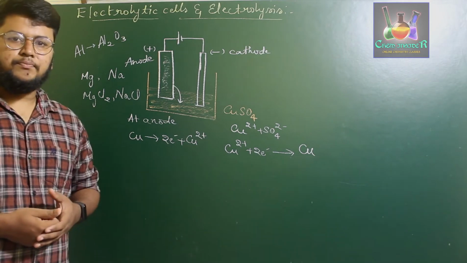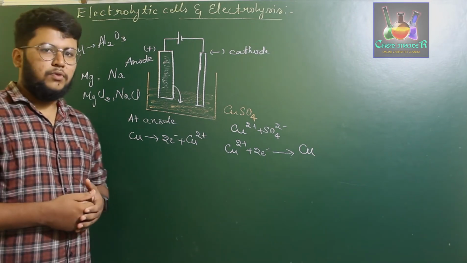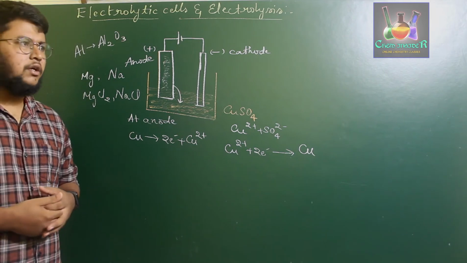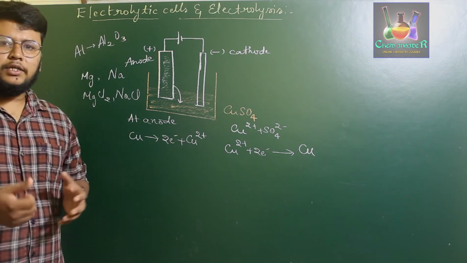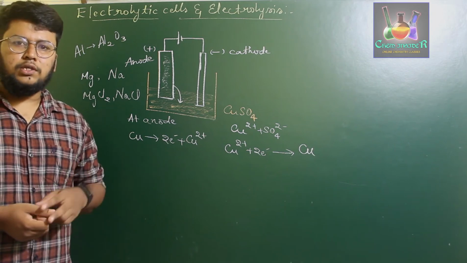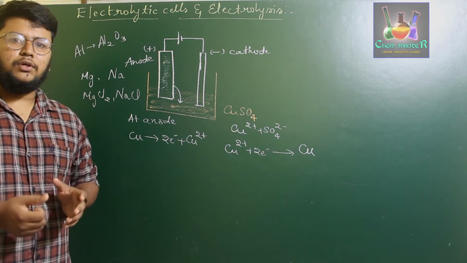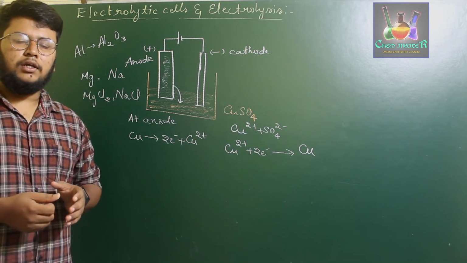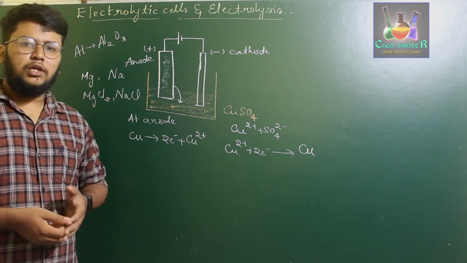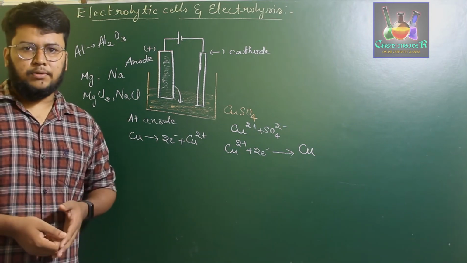He studied those electrolysis processes completely and published two laws which explain the electrolysis of a metal from its metal electrolyte solution. It may be a molten electrolyte solution or it may be a normal solution.